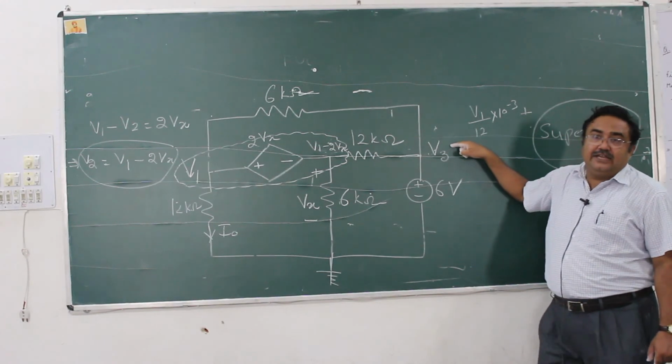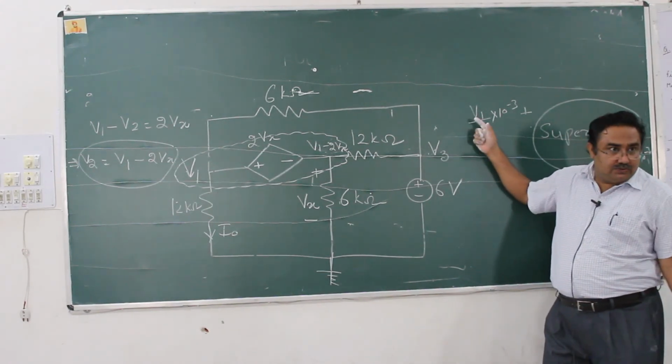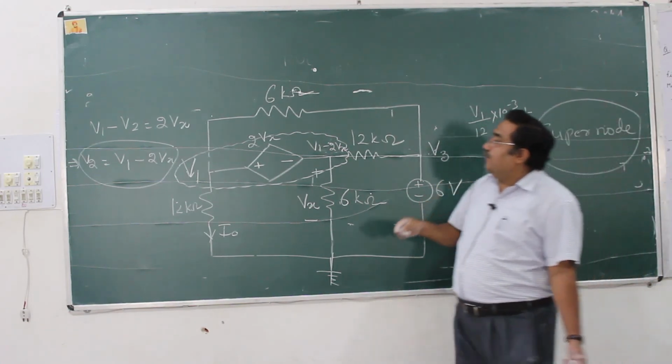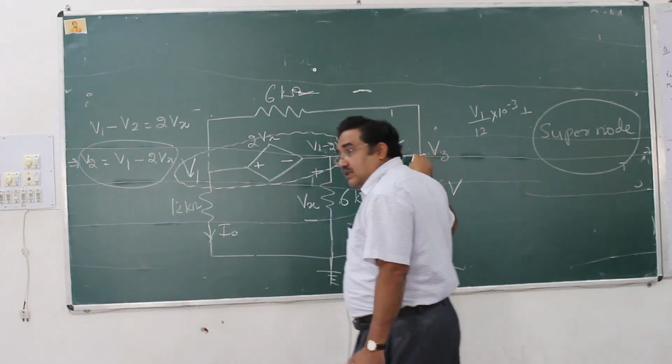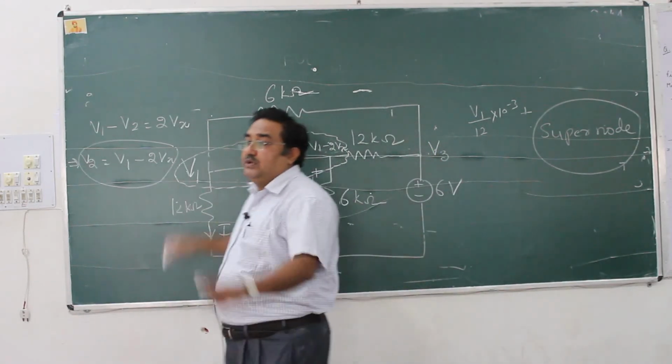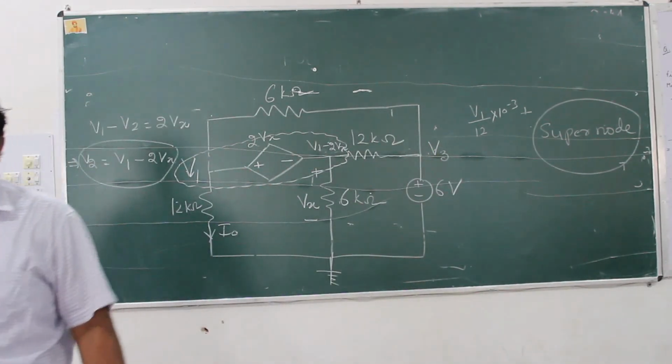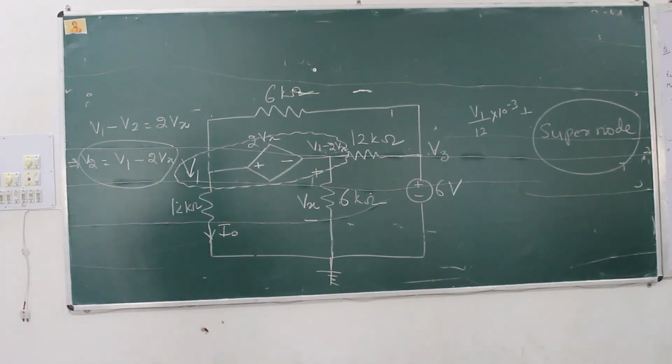What is the voltage of V3? 6 volt. Oh, one more equation you have forgotten: V1 minus V3 upon 6 into 10 raised to power minus 3. Clear? So two equations, two unknowns. You can solve it.